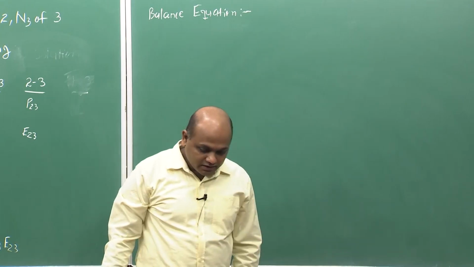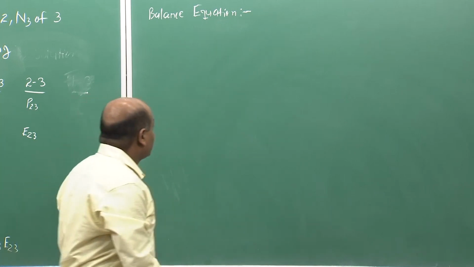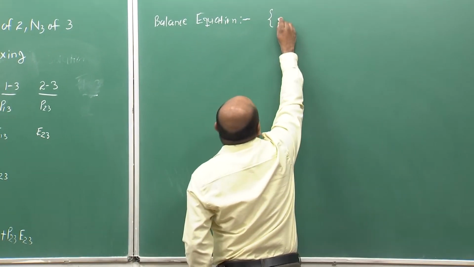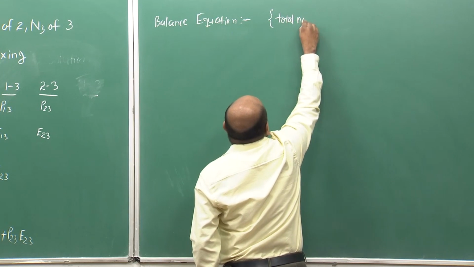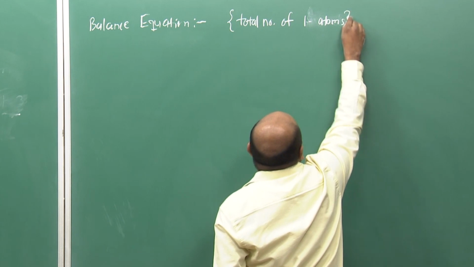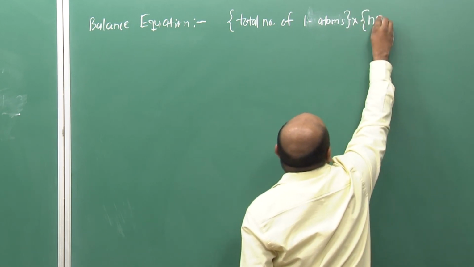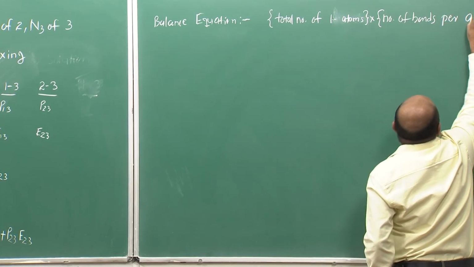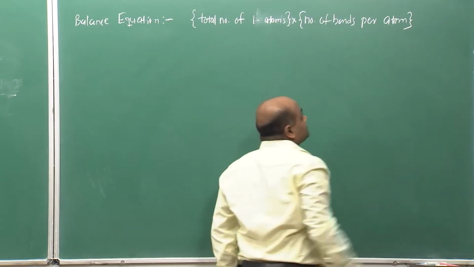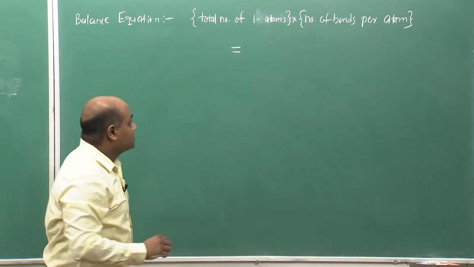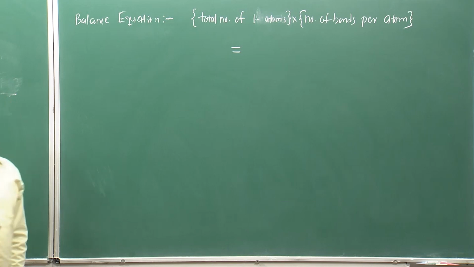So, if we try to find the total number of bonds, and if we write as total number of atoms of type 1 times number of bonds per atom. So, we consider total number of 1 atoms multiplied by number of bonds per atom.